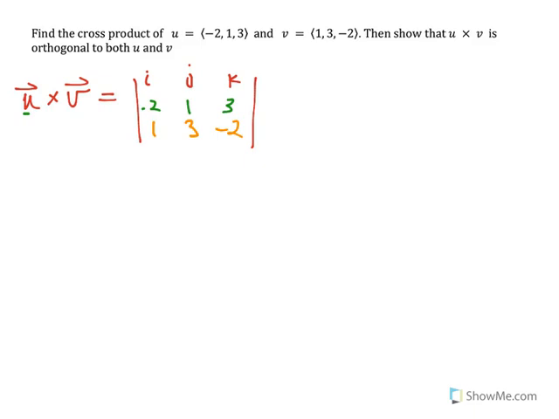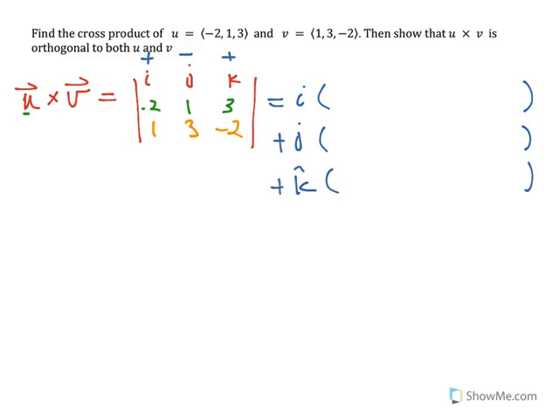A really simple way to remember the sign rules is that the first one is always positive, then you alternate from there: positive, negative, positive. And this shall be equal to i times something, j times something, k times something.